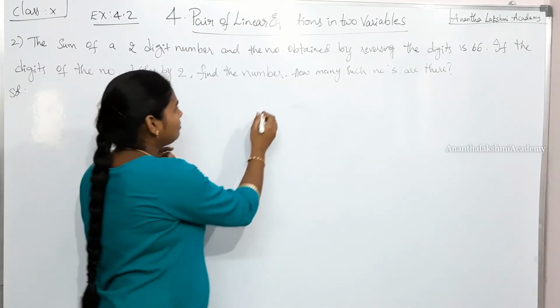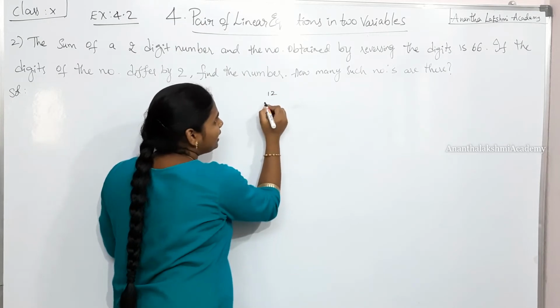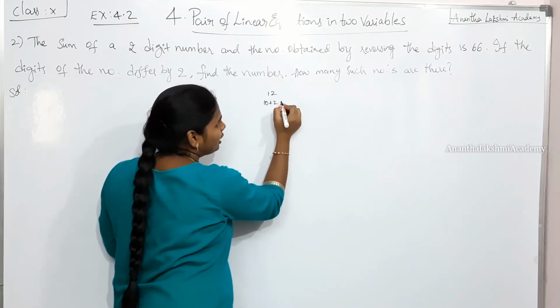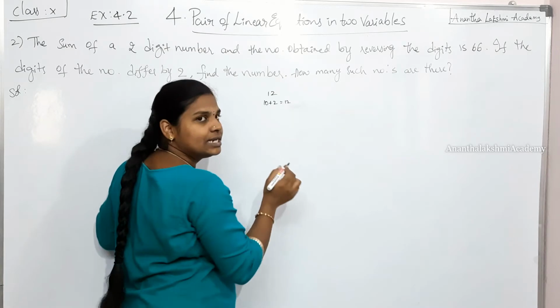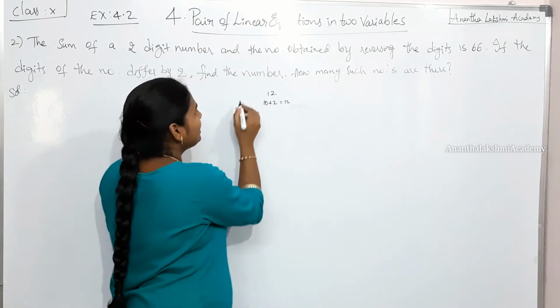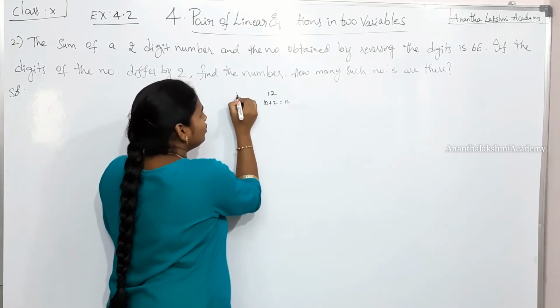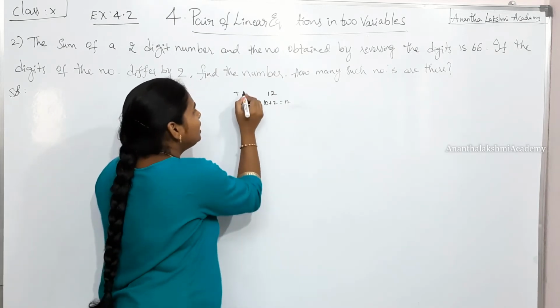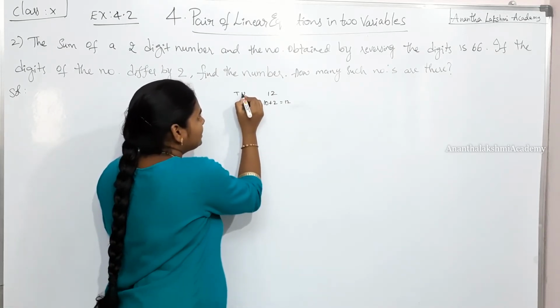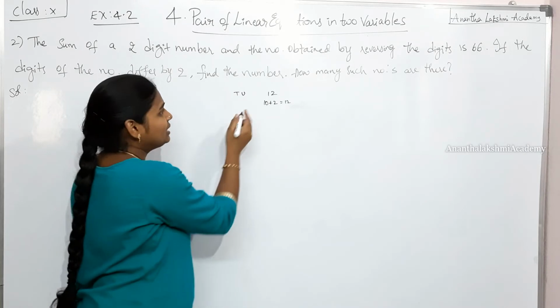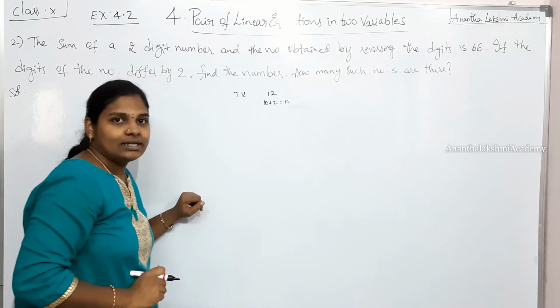So if you have a number like 12, how do you write it in the expanded form? 10 plus 2 is equal to 12. Isn't it? Now he is saying there is a 2-digit number. So in order to write that number, as it is given, it is a 2-digit number, there will be units place and tens place.